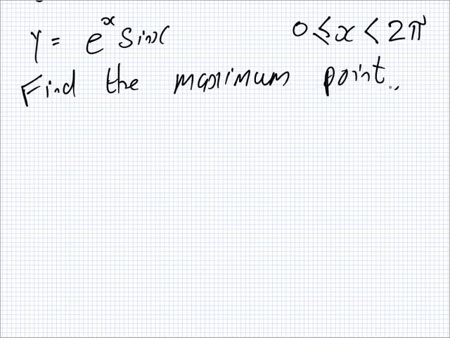Okay, try this for me. Find where the maximum is. Do you remember how to do that? How do you find the maximum? Second derivative. Before that, what equals 0? Yeah, first derivative equals 0. Then you can check if it's a maximum by using the second derivative.